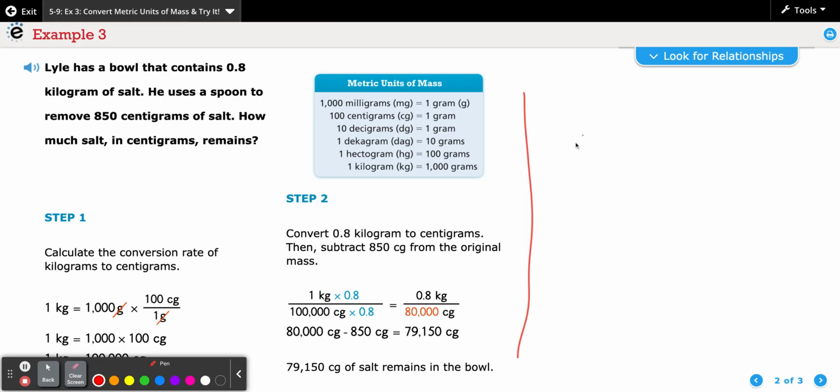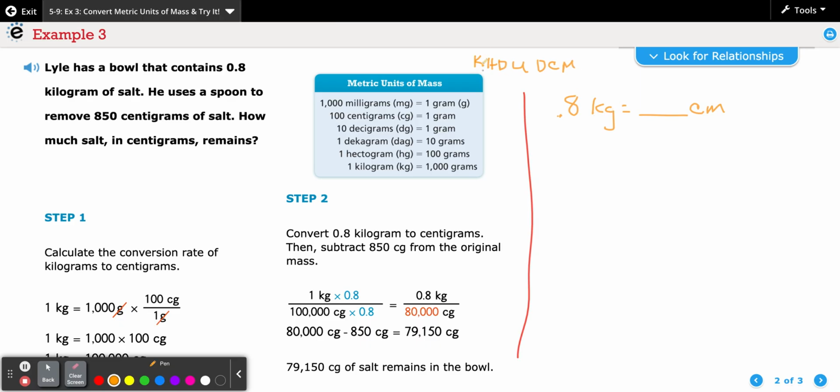I know that since they want my answer in centigrams, let's convert this to centigrams. Right, so I would do 0.8 kilograms equals how many centigrams? So using our King Henry died unexpectedly drinking chocolate milk.